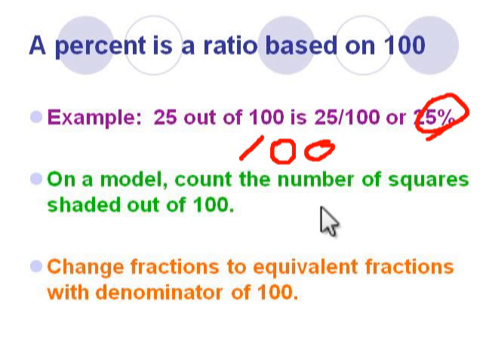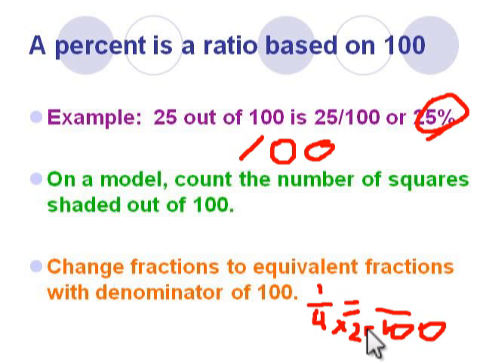You can change fractions into equivalent fractions with the denominator of 100. So for example, if you have 1/4, since 4 can go into 100 25 times, we can change this into a fraction whose denominator is 100. 4 times 25 is 100.